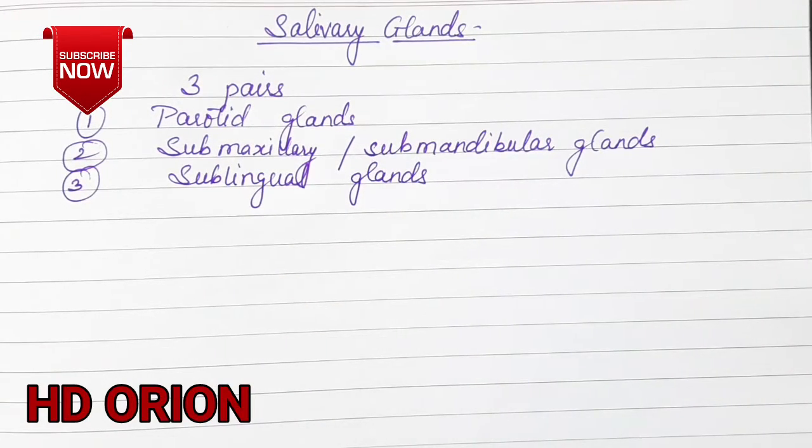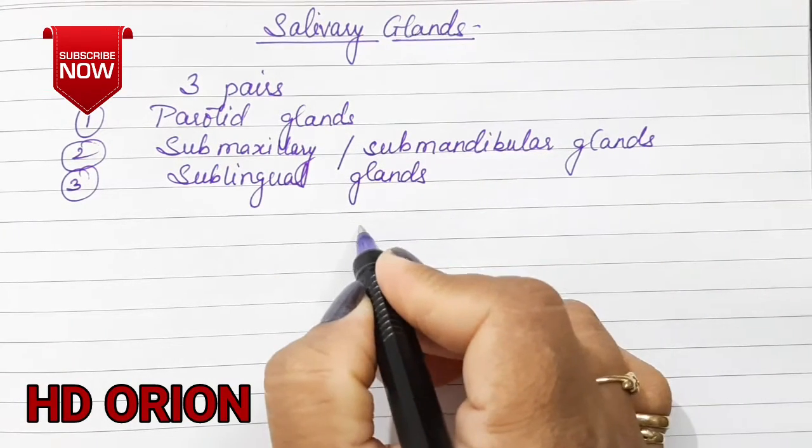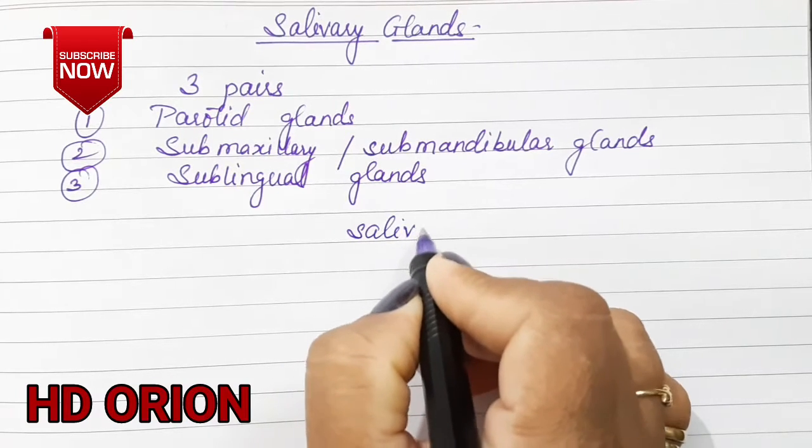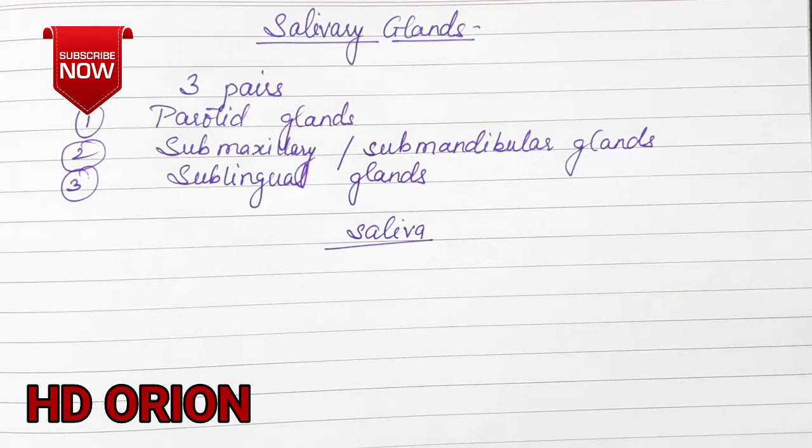The main function of these glands is to secrete the secretion called saliva. So, saliva is the first digestive juice that is secreted in the buccal cavity or the oral cavity.